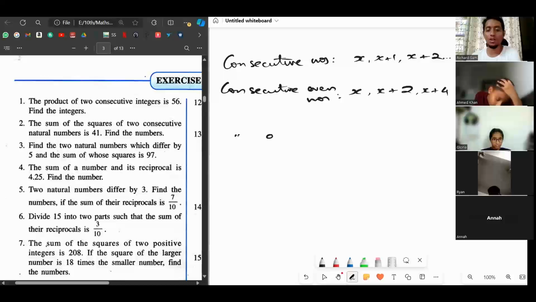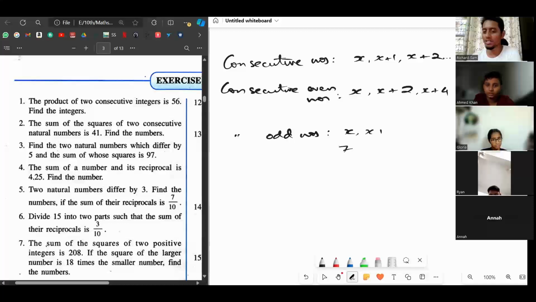Next, you have consecutive odd numbers. How do we represent them? Again, the first number we will take as x. Example: x is 7. What's the next odd number? 9.